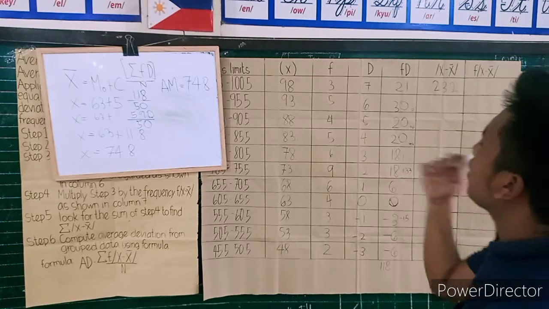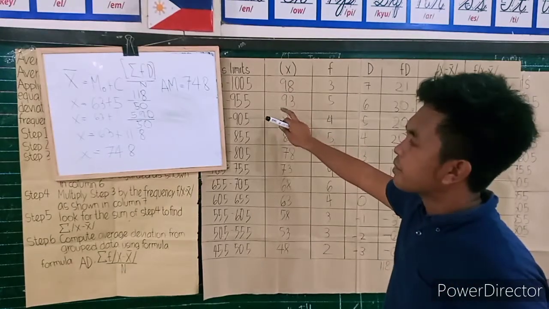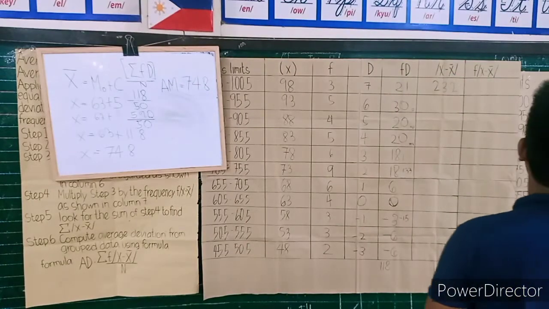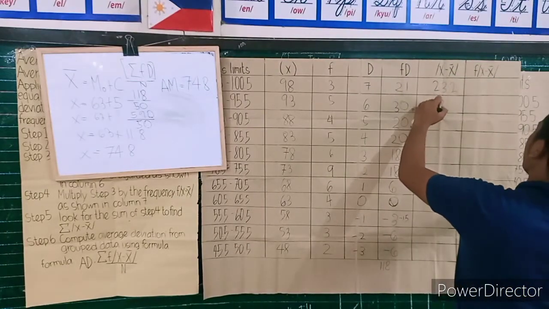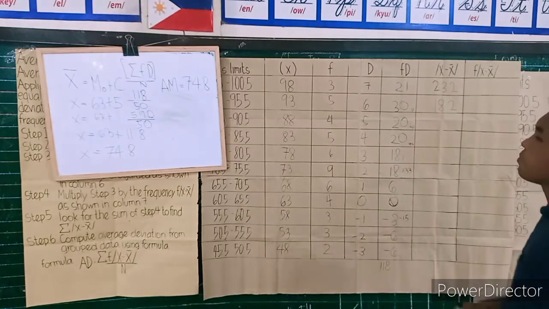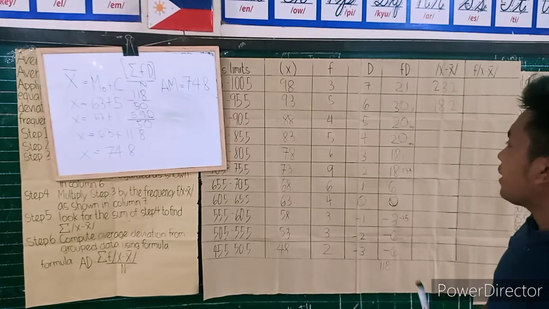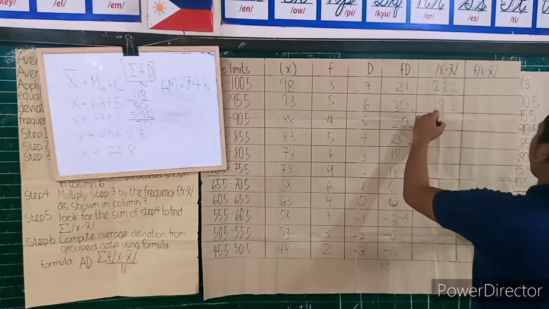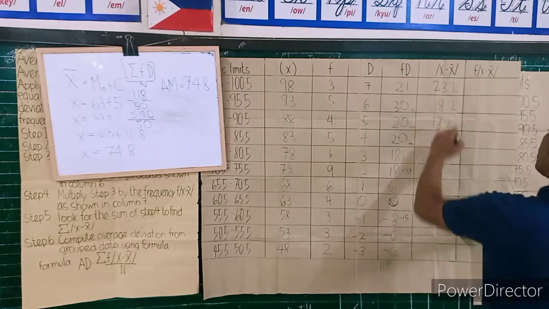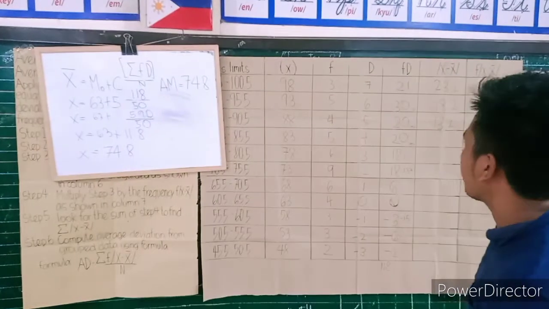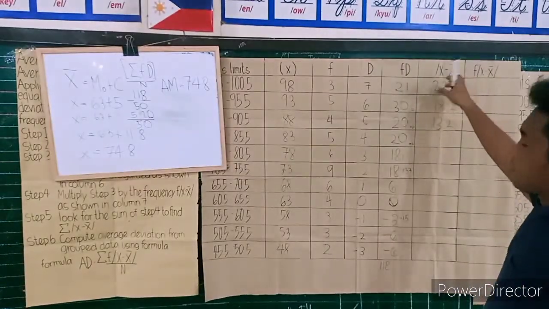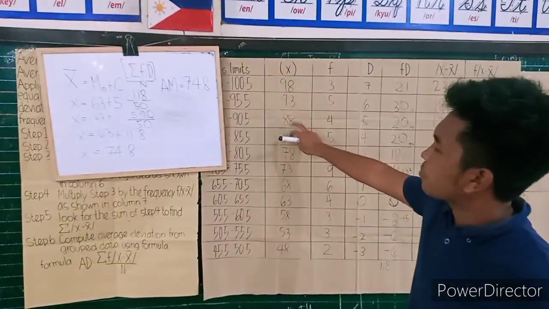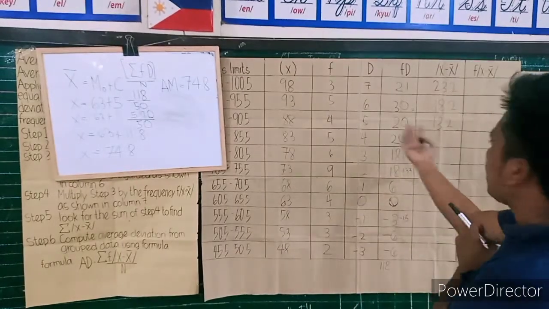Okay. Second, we have 93 minus the arithmetic mean. We have 18.2. Okay. 88 minus 74.8, which is the arithmetic mean, we have 13.2. Did you get how to get the scores minus the arithmetic mean in step number 3? So we have to subtract the arithmetic mean from the midpoints.